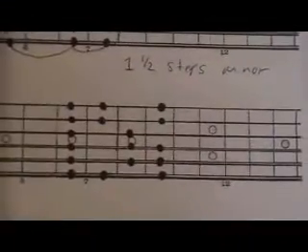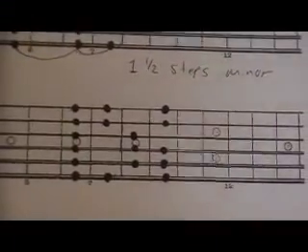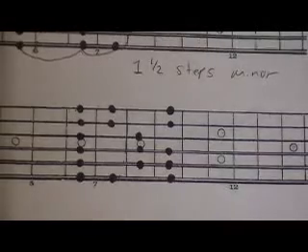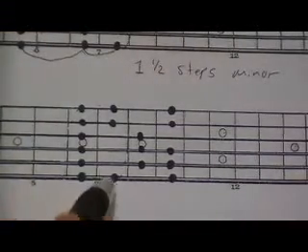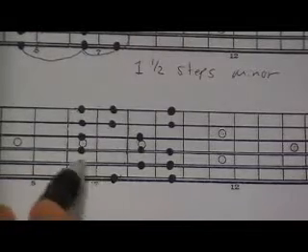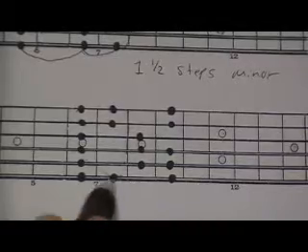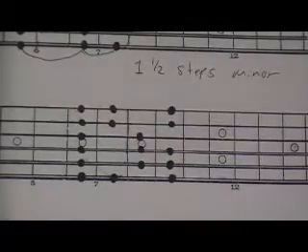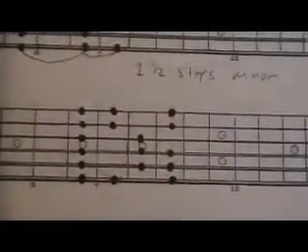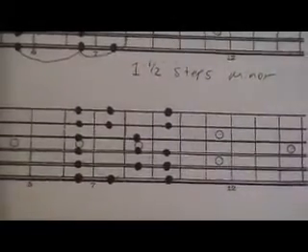We have our Phrygian mode. Notice the third note is a step and a half. It's a minor third. Now if we start with the Lydian mode right here, we have that same distance right here, and that note would be the same note right here.